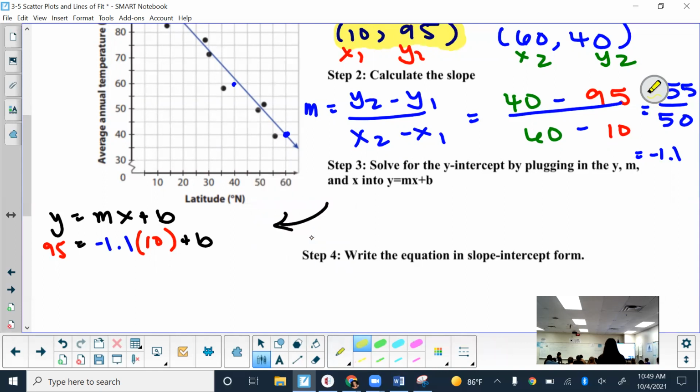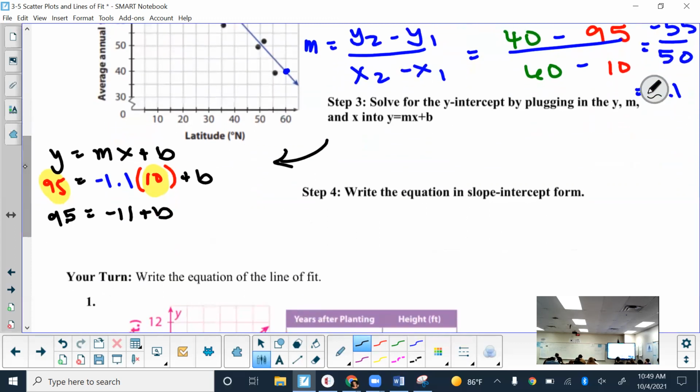Again, we get the x and y from one of the points we used. Now, what is negative 1.1 times 10? Negative 11, right? So I have negative 11 plus b equal to 95.